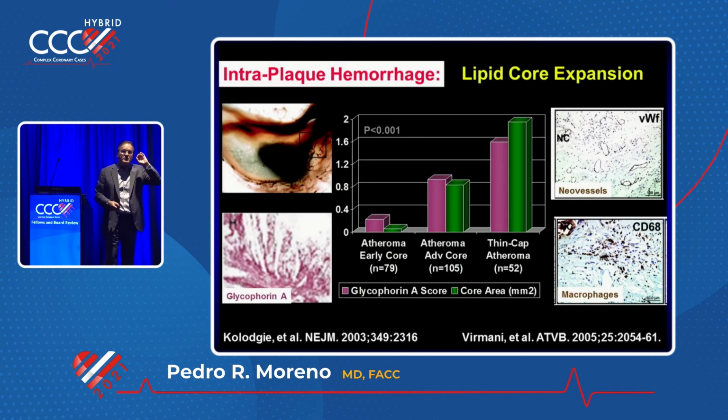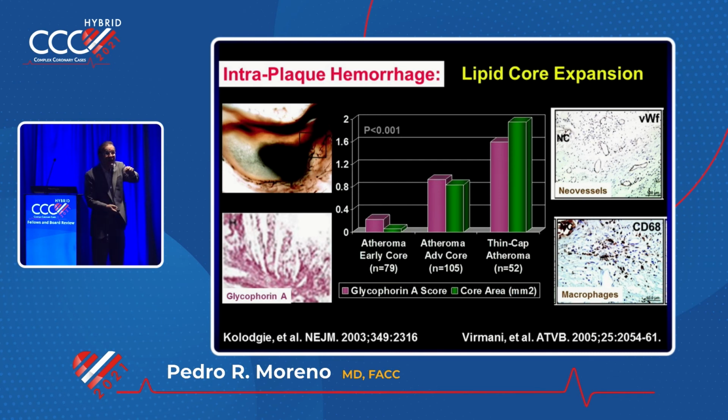This is the only slide that I'm going to show you, and you're going to hear probably about the importance of intraplaque hemorrhage in the evolution of atherosclerosis. This field is not being studied because only in the big vessels can you see it by MRI. But in the coronaries or even in the periphery, it's very difficult to document intraplaque hemorrhage.